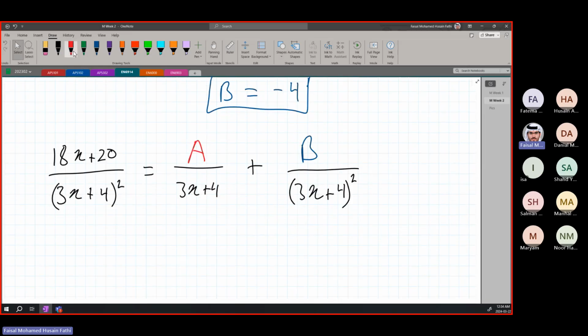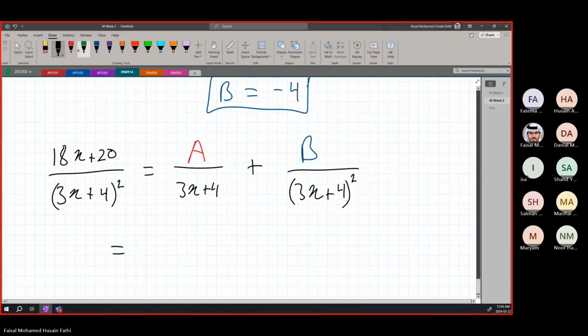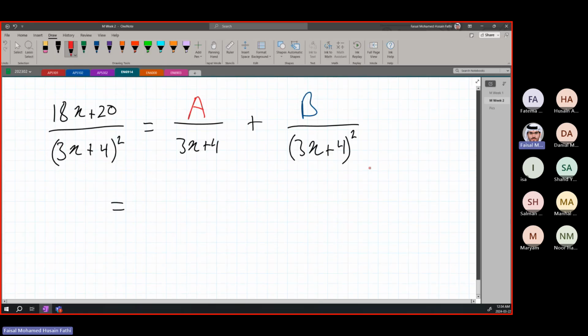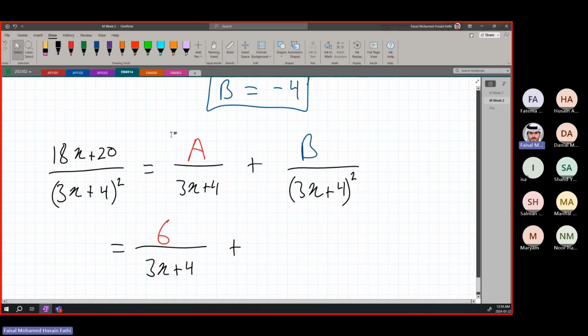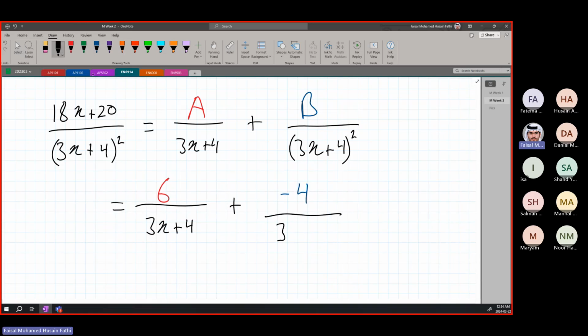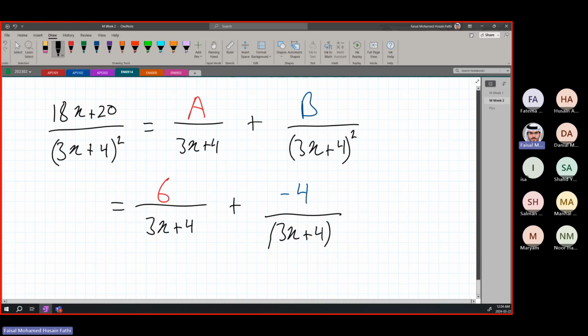Now we substitute the numbers. So this is equal to, a is equal to 6, so 6 over 3x plus 4, plus b is minus 4, so plus minus 4 over 3x plus 4 squared.